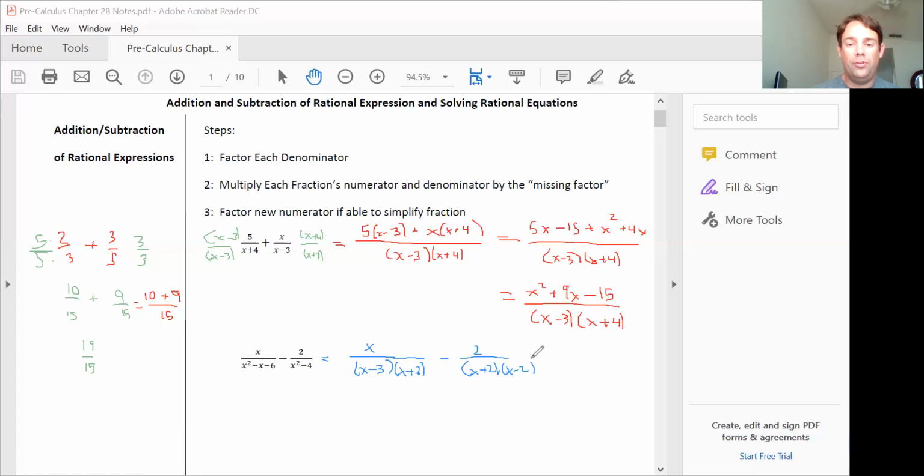So again, we're looking to see what factor is missing. In this case, I notice that x minus 2 is right here. I don't have an x minus 2 over here, so I'm going to multiply top and bottom by x minus 2. Whatever factor is missing, that's what I'm going to multiply top and bottom by.